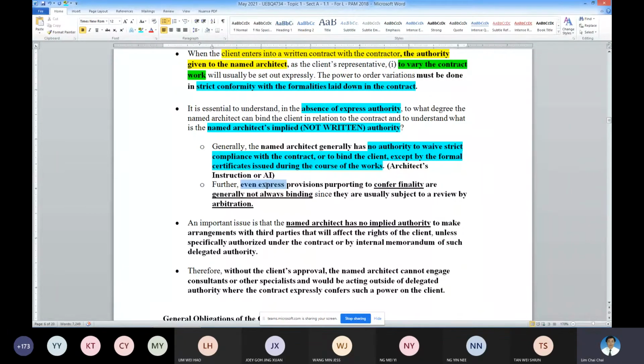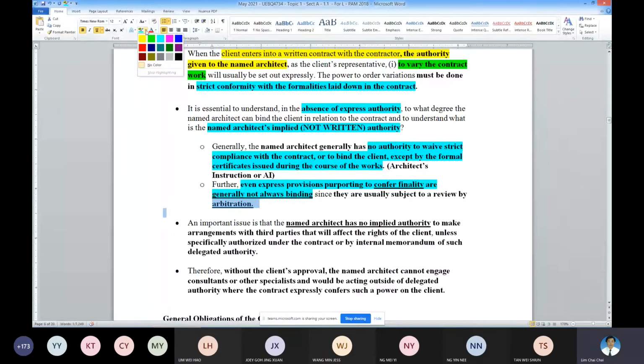So the second one is express provision purporting to confer finality, generally not always binding. See, even though the power given to the architect says that the decision is final, it is not true. It is because in the PAM contract, you have the arbitration clause.